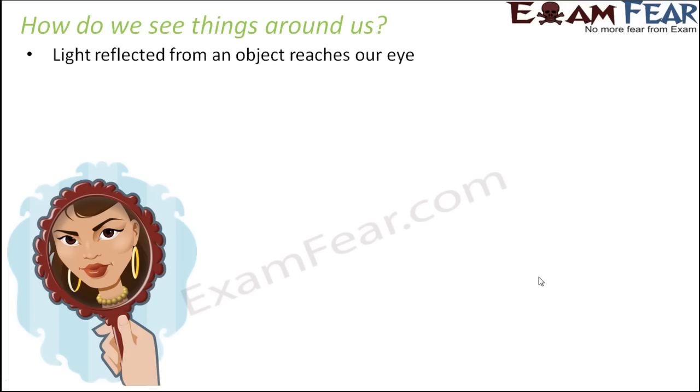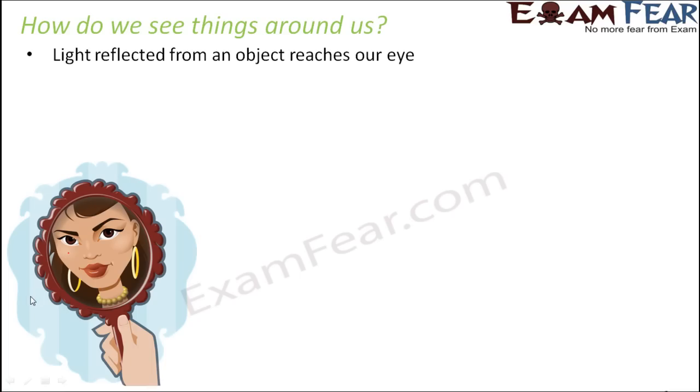Light is needed in order to see objects. How exactly do we see things due to reflection of light? Whenever light falls on objects, reflection of light happens, and the reflected light reaches our eye, and that is how we are able to see the object. It is something like this. This mirror is nothing but the surface.